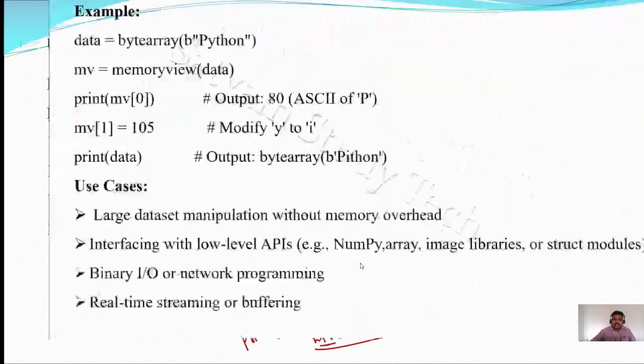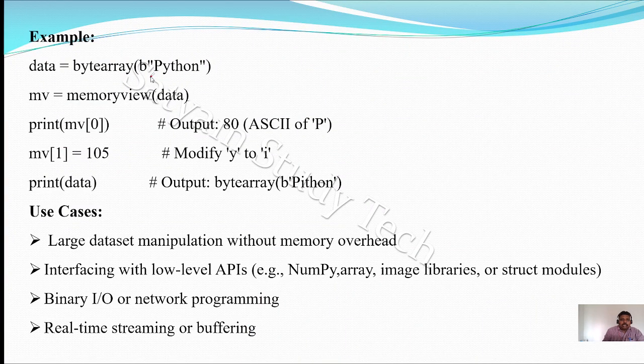Now you can see one example. Here it is Python, which is bytes type, also converted into bytearray type. Now memoryview of data, print mv of 0. What is the value of P? The ASCII of P is 80.